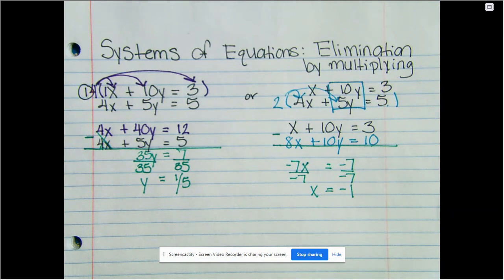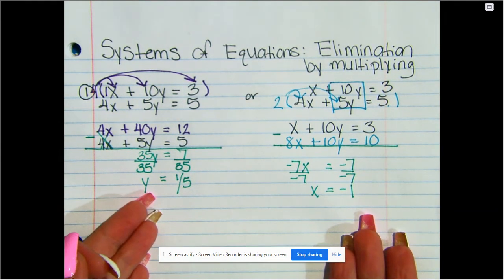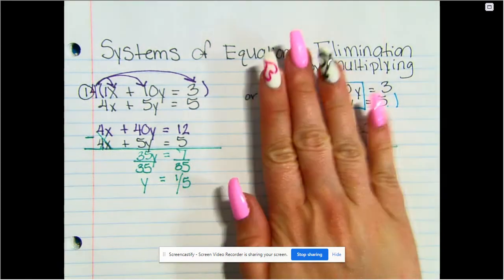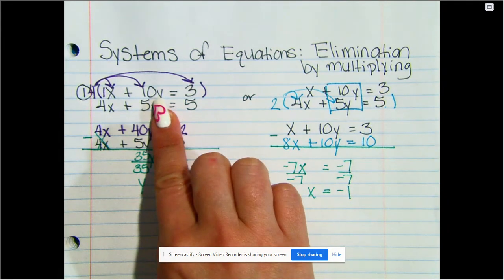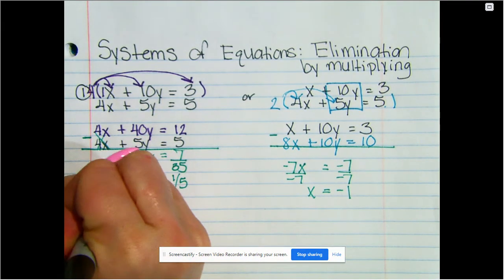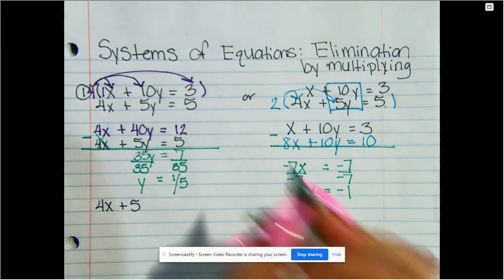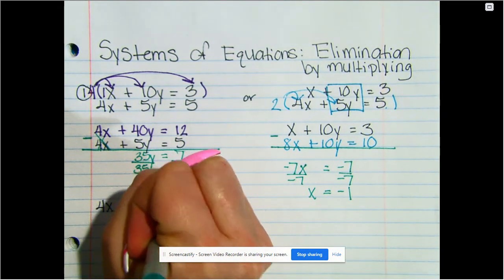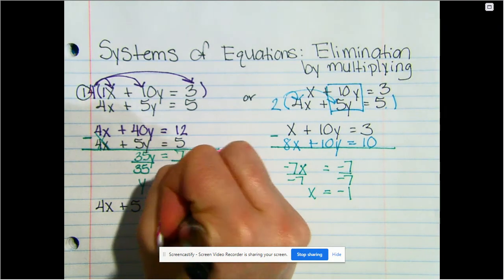If you wanted to use the process of elimination twice, you can get your values that way. Or if you didn't do this method at all, you could plug your y value in to get your x value. What I mean by that is we could have gone to 4x plus 5, inserting the y value of 1/5, is equal to 5.